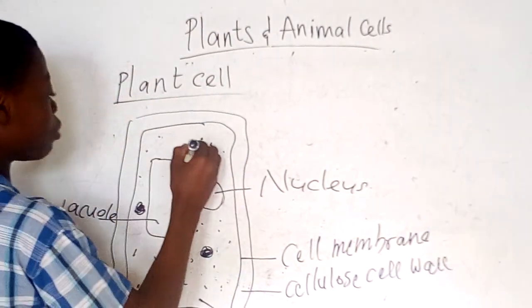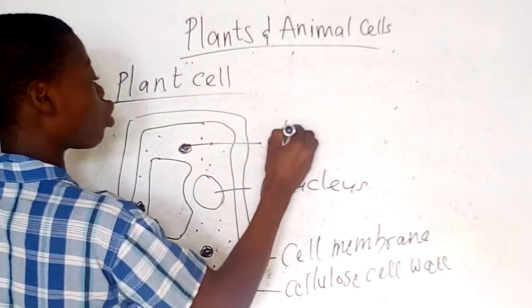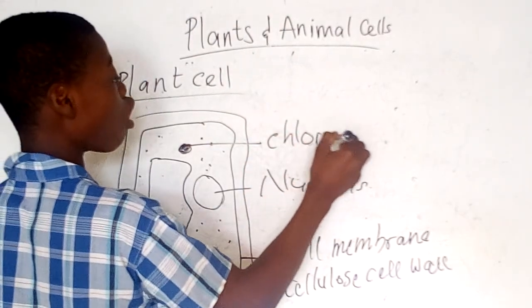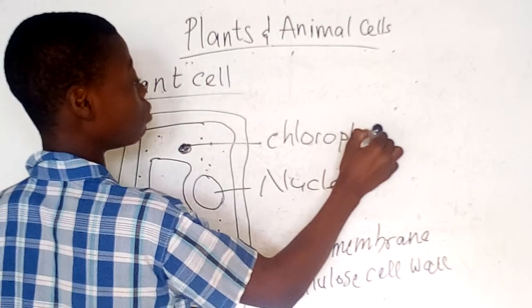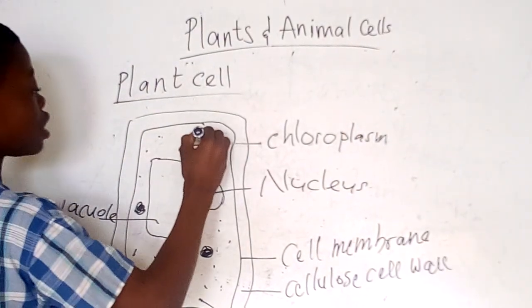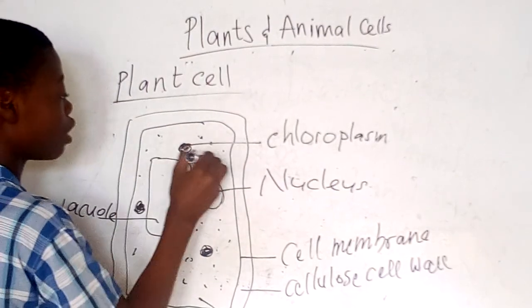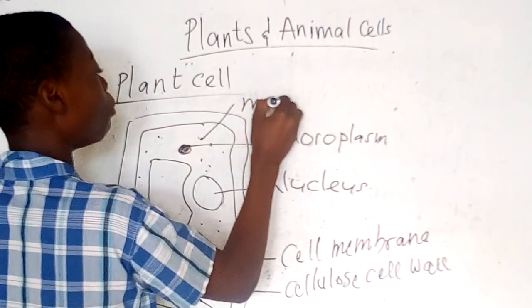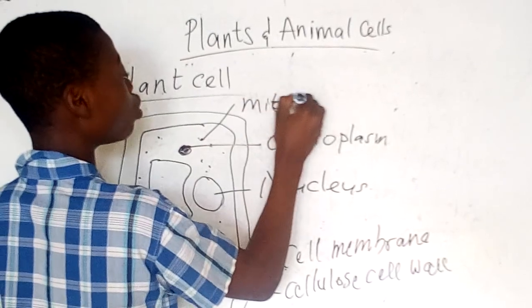Okay, let's label this. This is our chloroplasm. Then these small things you see here are our mitochondria.